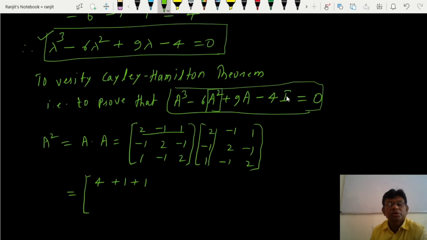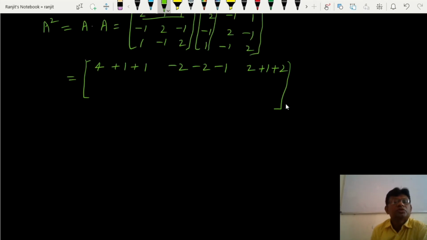Again, first row into second column, so minus 2 minus 1. Now first row into third column, the answer is 2 plus 1 plus 2. Now second row into first column, second row into second column, second row into third column.